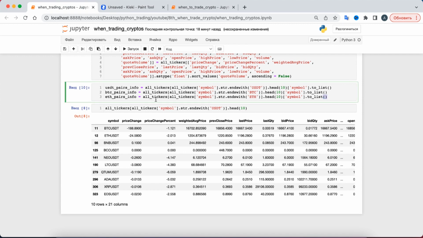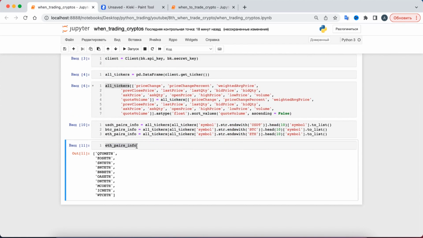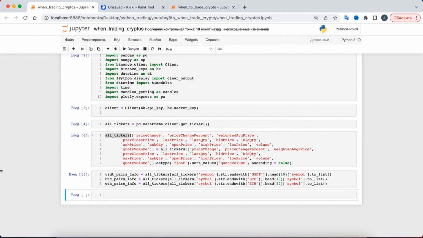And now, of course, we have three lists of assets, including the list of assets with the biggest volume in Ethereum. Next step, we need to combine the three lists into one list.